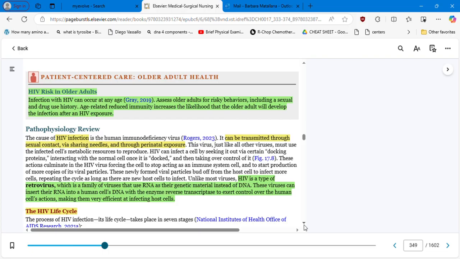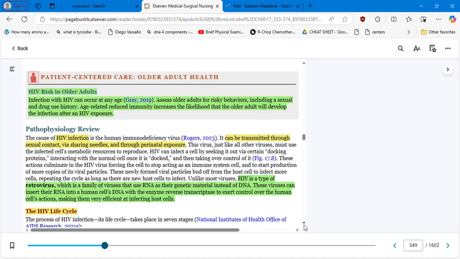Okay, an important fact here in older adult health: HIV risk in older adults. Infection can occur at any age. Assess older adults for risky behaviors, including sexual and drug use history. Age-related reduced immunity increases the likelihood that the older adult will develop the infection after an HIV exposure. And I want to make a parenthesis here, and this is happening, especially for you nurses who are going to work in nursing homes.